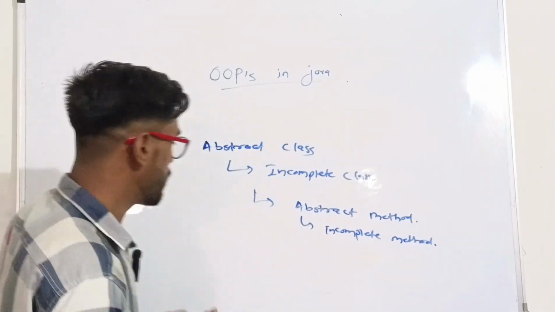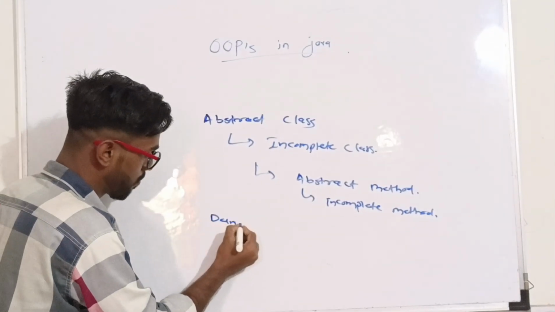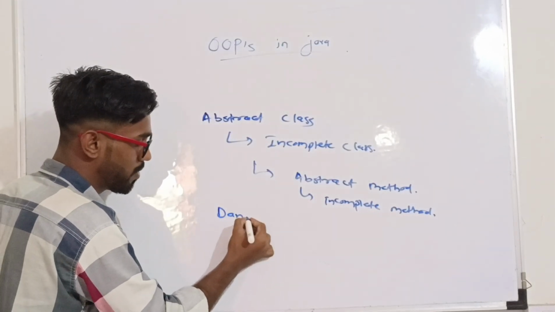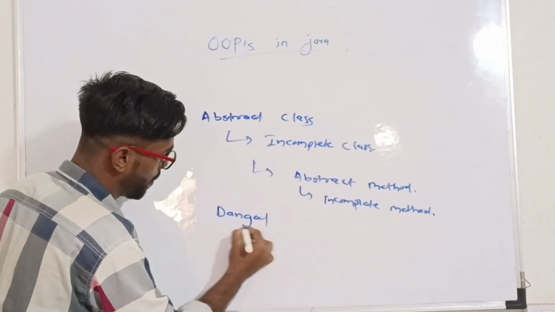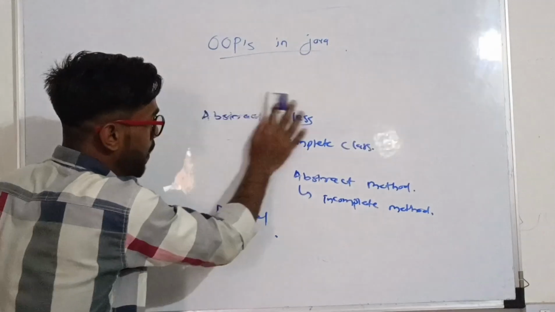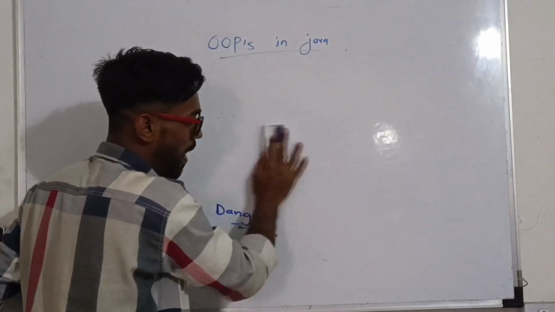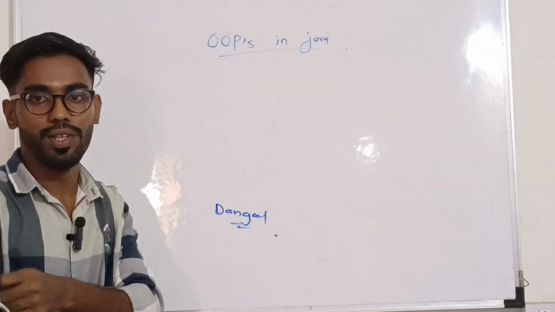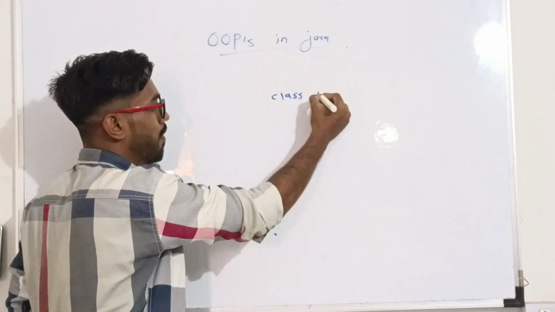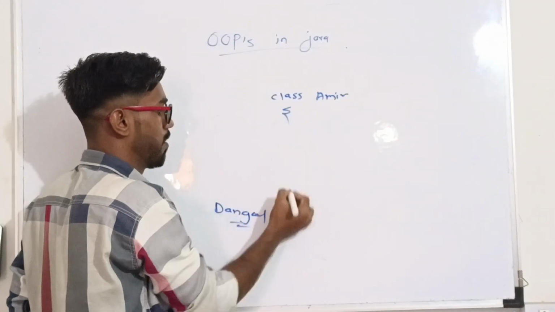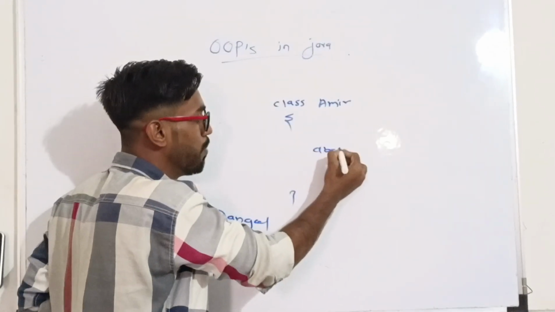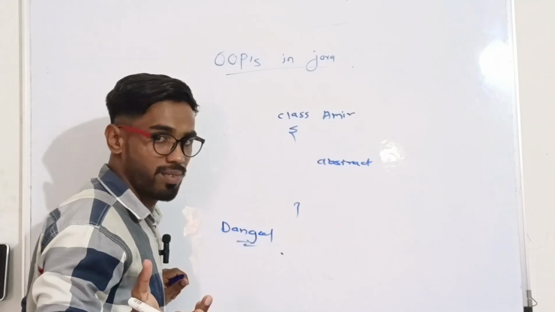Assume one example, if you have watched the Dangal movie of the actor Aamir Khan. In Dangal, Aamir Khan has one dream, to win the gold for the country, like a class Aamir. He could not complete that dream because of some issue.